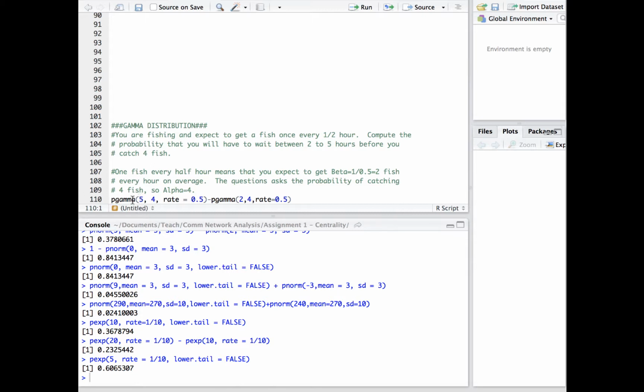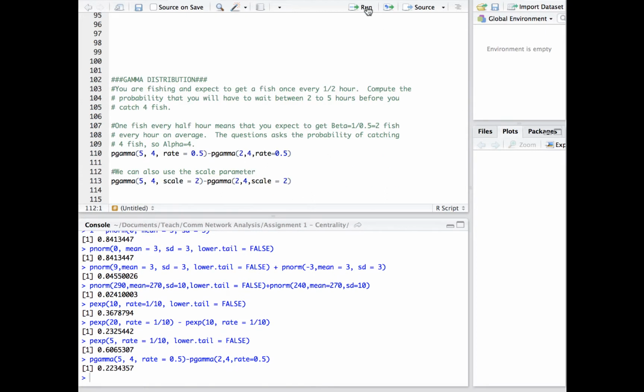Notice the pattern here. This is still a CDF, and P gamma is the probability we're less than 5 hours to catch 4 fish at this rate, minus the probability that we're less than 2 hours to catch the 4 fish with that rate.